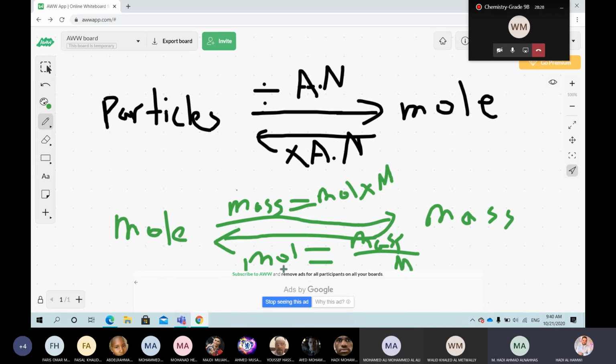So here we have this summary: from particles to moles, you divide by Avogadro's number. From moles to particles, you multiply. From moles to mass, mass equals moles multiplied by molar mass. From mass to moles, moles equal mass divided by molar mass.